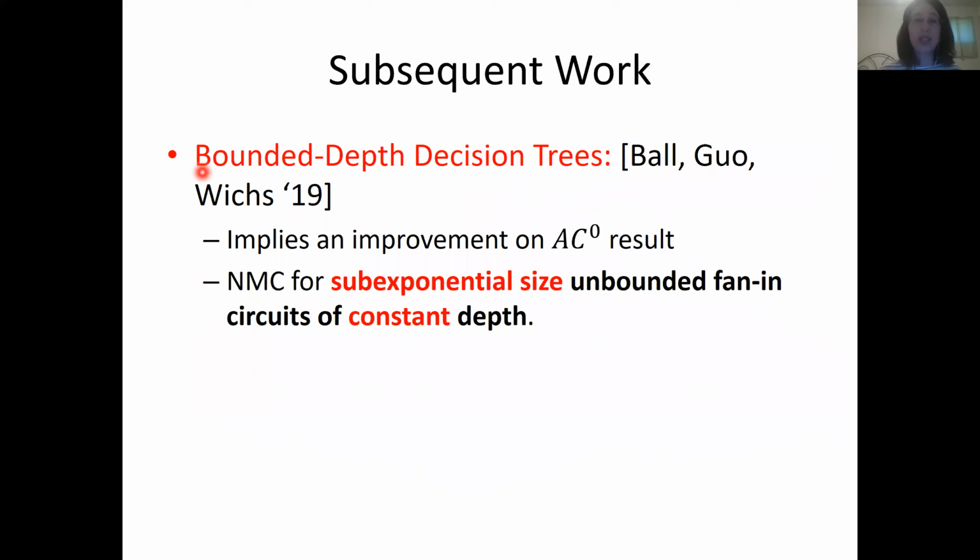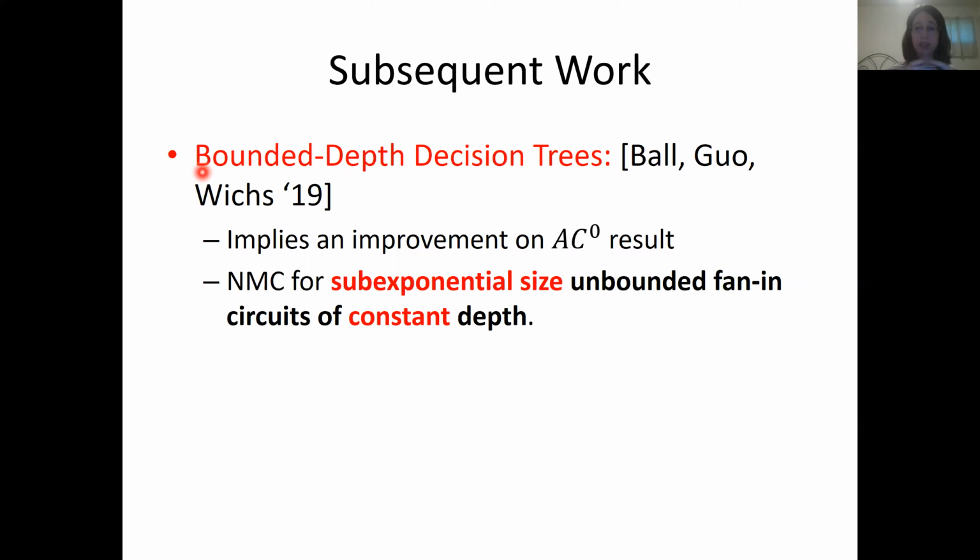I also want to mention a follow-up work. So I mentioned that our result is optimal in terms of circuit depth. It was not optimal in terms of circuit size. A follow-up work of Ball, Goyal, and Wichs presented non-malleable codes for bounded depth decision trees. And this is going to imply non-malleable codes for sub-exponential size and unbounded fan-in circuits of constant depth.